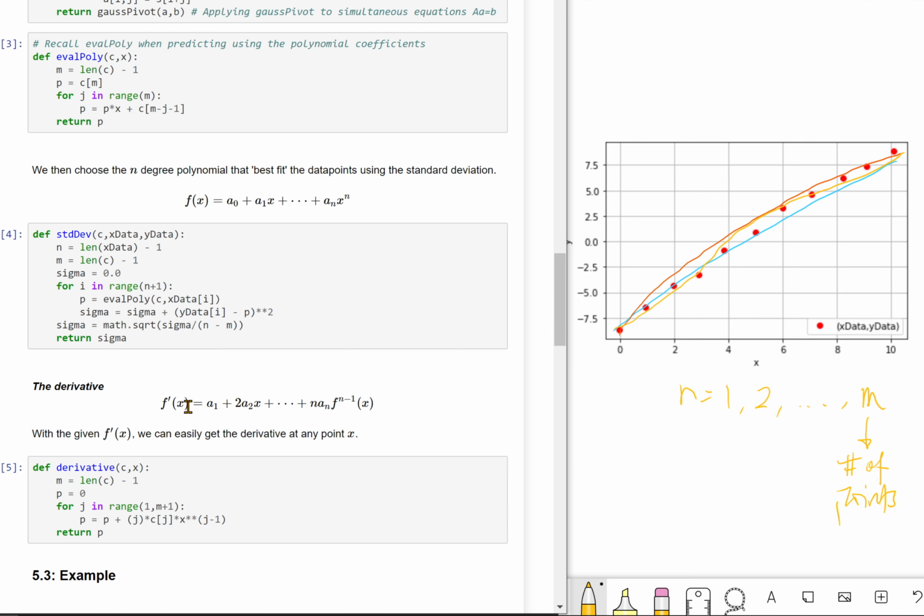Now in this example, we just take the first derivative. If you want to go higher, let's say if you want to take the third derivative, just simply get this one.